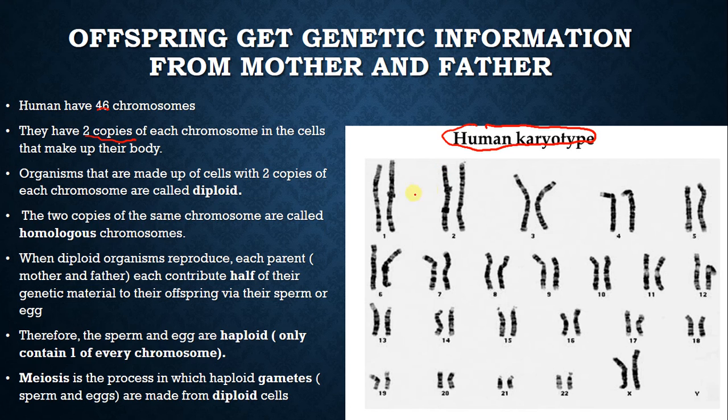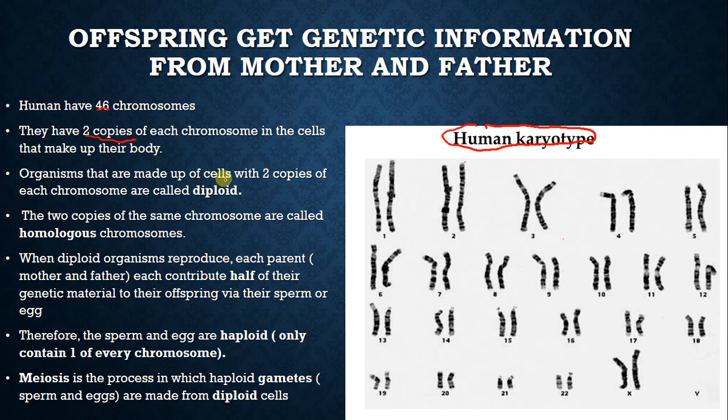They're separated into 23 pairs. 22 numbered pairs, and then an X and a Y chromosome, which is the 23rd pair. And you can see that for each number, a human has 2 copies of that chromosome. Now, they're not genetically identical, but they contain the same genes, you know? So, if we have 2 of each of these 23 pairs, that's 46 in general.